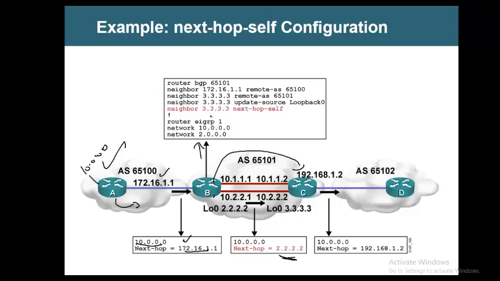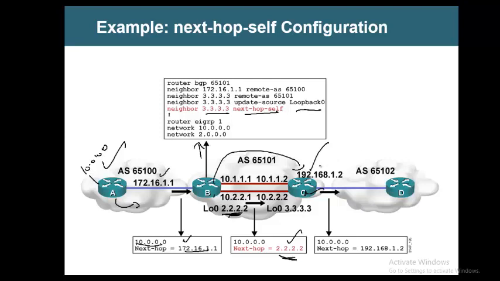On router B, we said 3.3.3.3, which is router C, next-hop-self, meaning whenever you send the update to router C 3.3.3.3, put your own address as the next hop. So what is the address with which you form the neighbor? Loopback 0, 2.2.2.2 becomes the next hop. So when router C receives the update, the next hop is going to be 2.2.2.2.